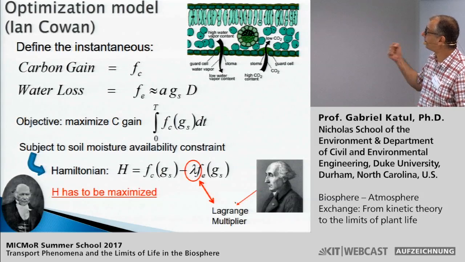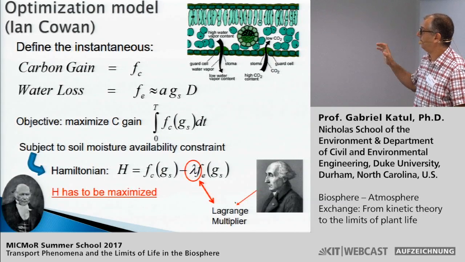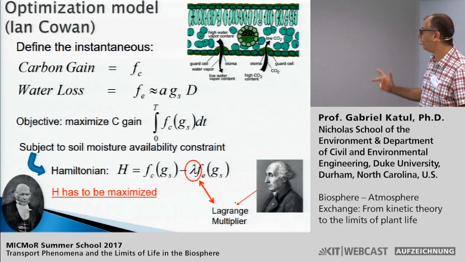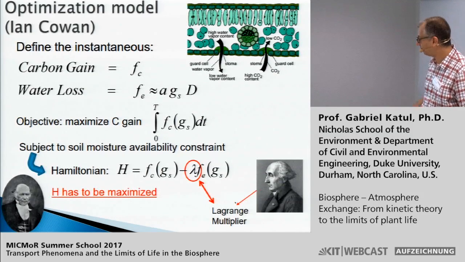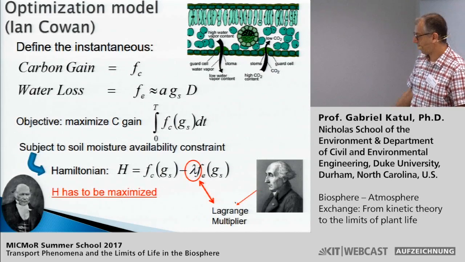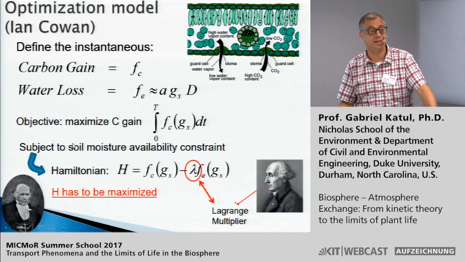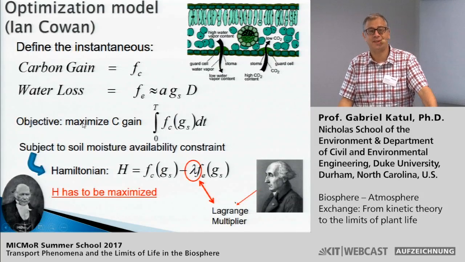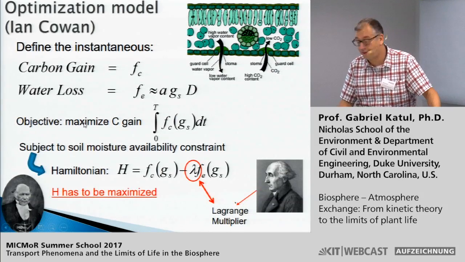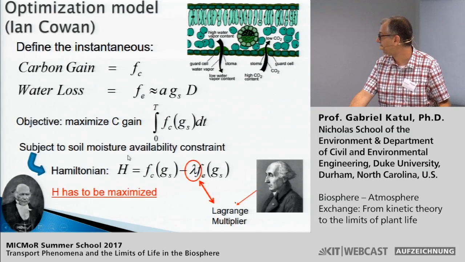So rather than force the objective function to be subjected to soil moisture availability, what Ian Cowan did cleverly is bypass this problem and said, what I really need to make sure is that the transpiration rate stays finite. That suggests there must be enough water so that the transpiration rate is maintained finite. So that was the condition that he put.